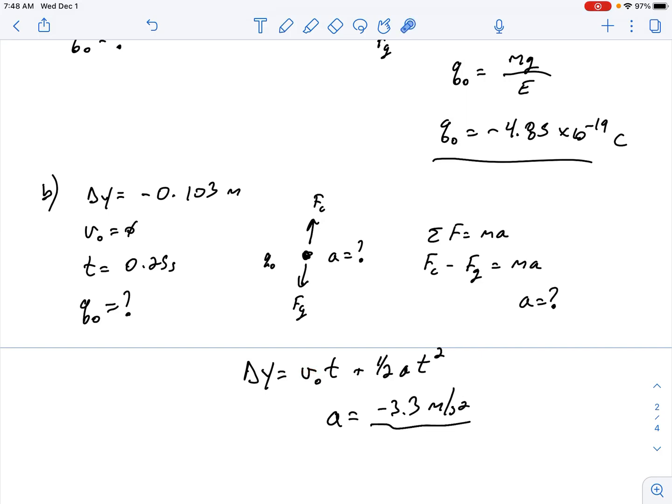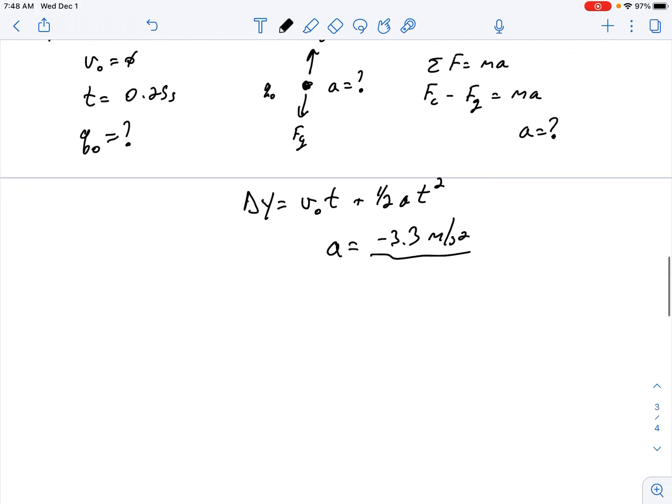So we know V naught is 0, we know the time is a quarter of a second, and the acceleration is what we're trying to calculate, and the displacement we knew was 0.103 meters. So we get our acceleration. Awesome. All right. Once we have our acceleration, we can go back and say, well, force of that minus force of that equals ma.